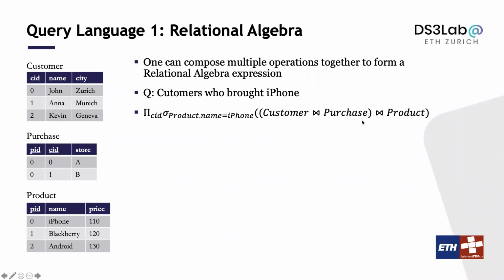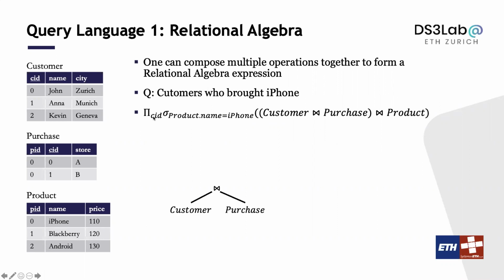Then I join this result with the product table, which is also a natural join. I select the result and only keep those with product name equal to iPhone. Then I project the result and only keep the customer ID, because that's what I want.